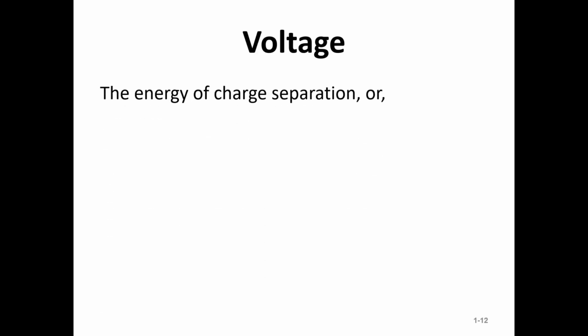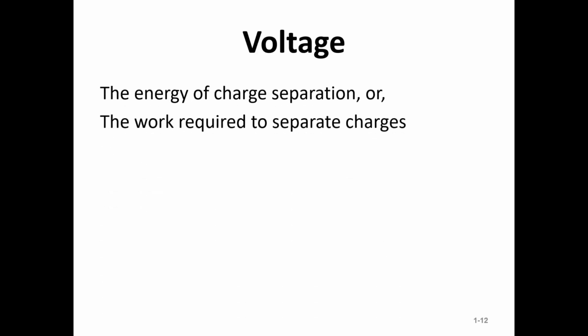Voltage is the energy of charge separation. It's the work required to separate charges, because remember, opposite charges want to stick together. The unit is volts, and it's a derived unit coming from joule and coulomb.